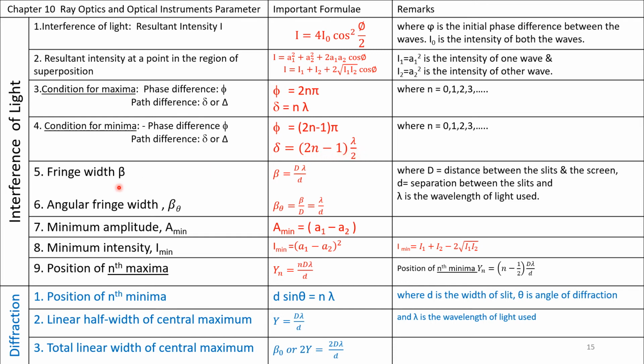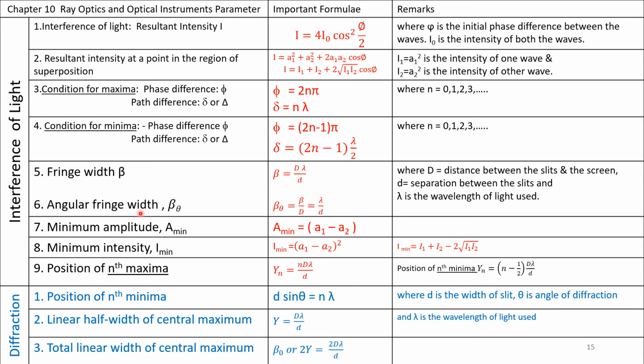Fringe width beta. Beta is equal to capital D into lambda divided by small d, where capital D is the distance between slits and the screen and small d is the separation between the two slits, and lambda is the wavelength.